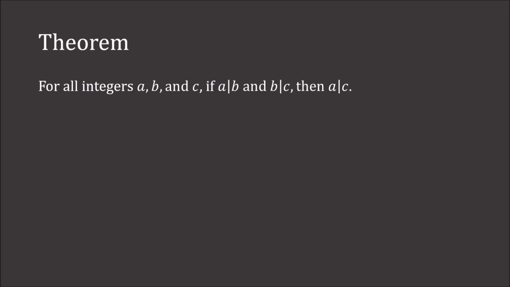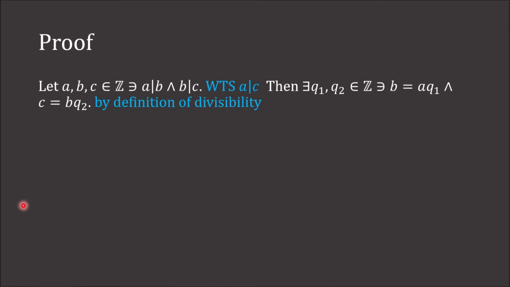So look at another property. For all integers a, b, and c, if a divides b and b divides c, then a divides c. Okay? So let a, b, and c be integers such that a divides b and b divides c.